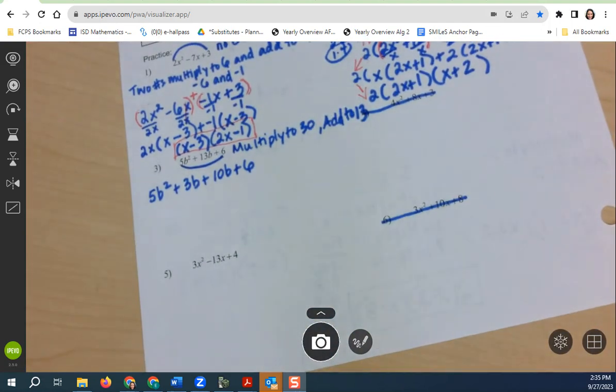Now, if you wrote 10b plus 3b instead of 3b plus 10b, it's okay. Your steps will look different from mine, but our final answer will look the same. If you're looking for somebody who did it the other way and did it correctly, you can compare your work with Brenda's, because I know she's got it. All right.